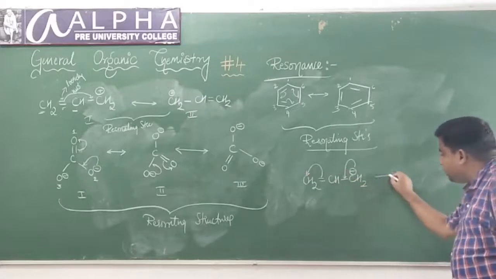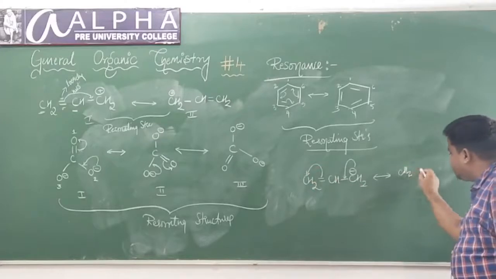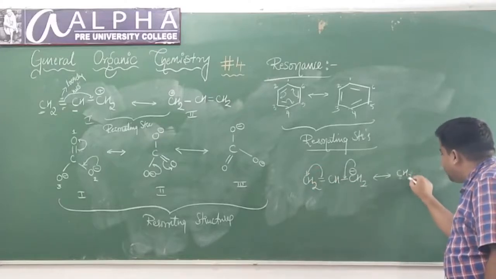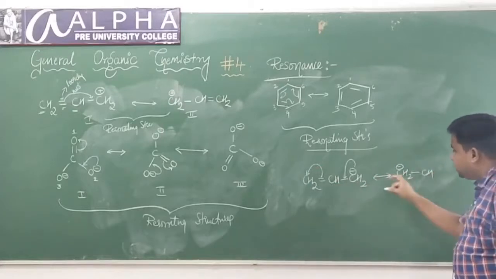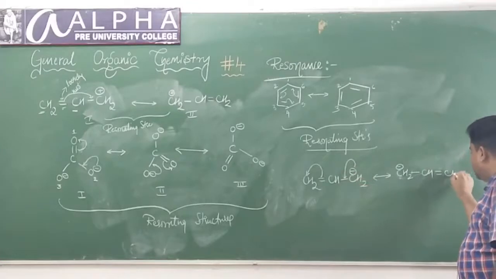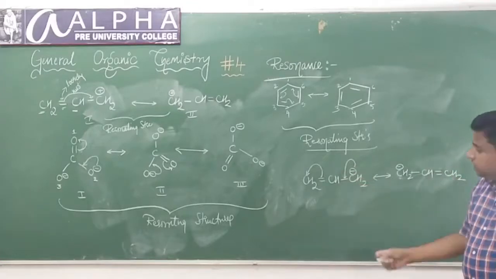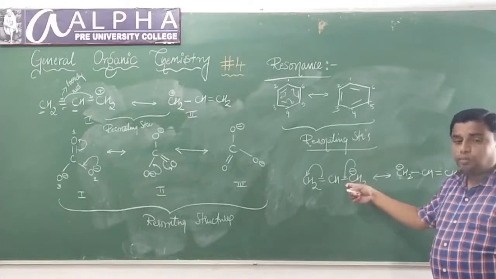Since the pi electrons are shifted to this carbon, this carbon will get the negative charge. The double bond becomes a single bond CH, and since the negative charge is displaced here, the single bond becomes a double bond CH2. This is called allyl carbanion.